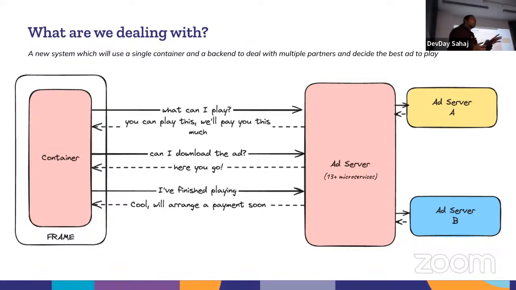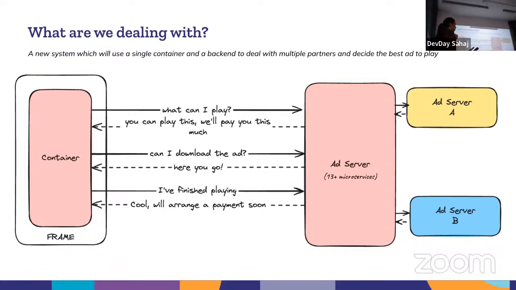And 10 to 11, let's say it doesn't have an ad. Maybe the other SSP would have had an ad from time 10 to 11 at that frame. But because nobody contacted that SSP because the container wasn't playing, they would not have been able to play any ads, right? So what they want to do is build a system that's going to be able to talk to all the partners they have at the exact same time and figure out which partner has the most expensive ad that I can play in that time slot, right?